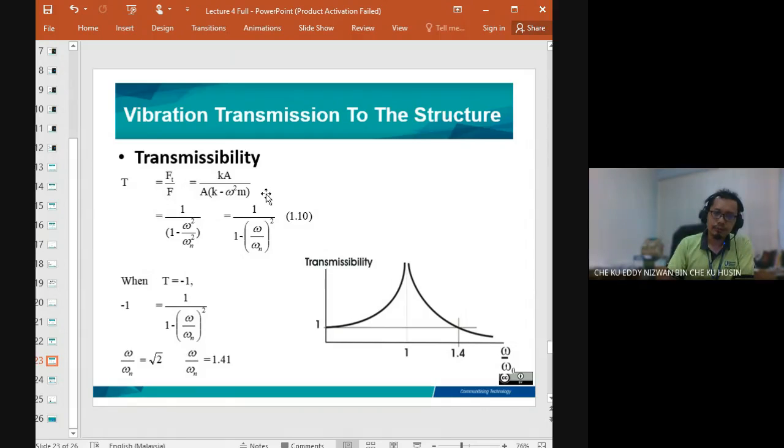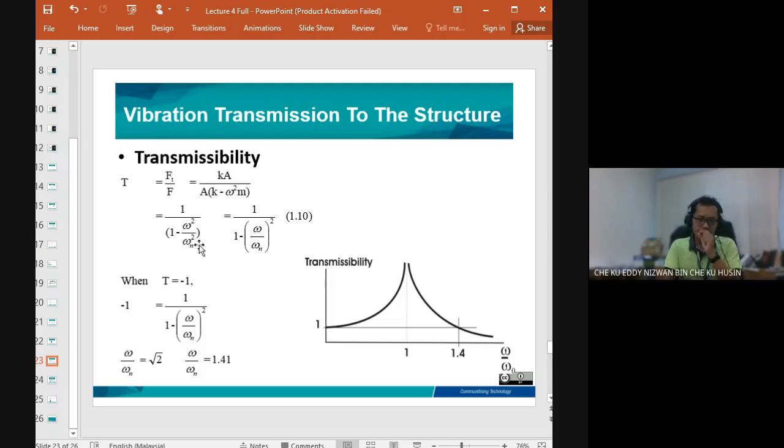After you play around with the equation, you will get this relationship, which is transmissibility, T is equal to Ka over K minus M omega square. This can be simplified into the formula 1 over 1 minus omega over omega n.